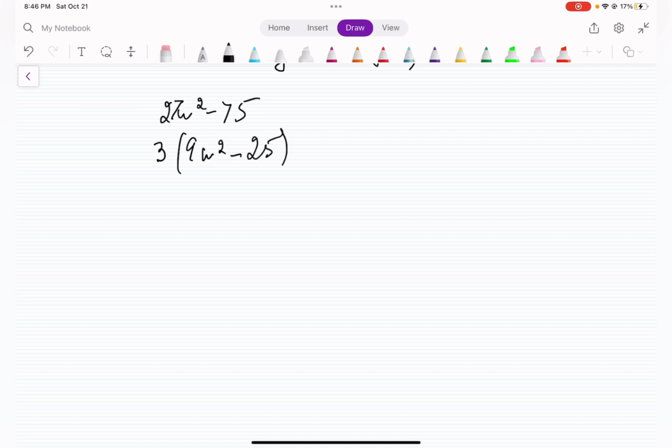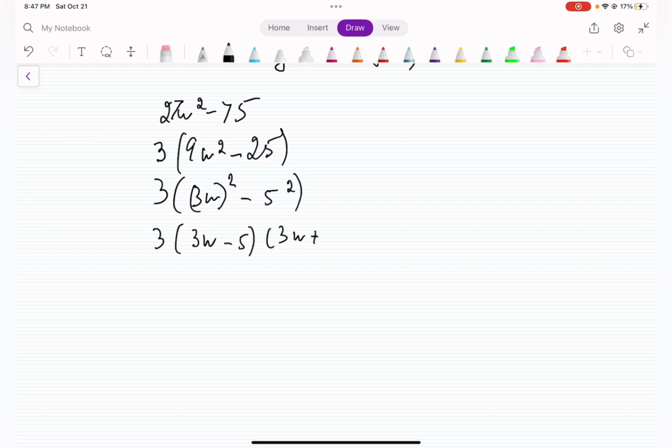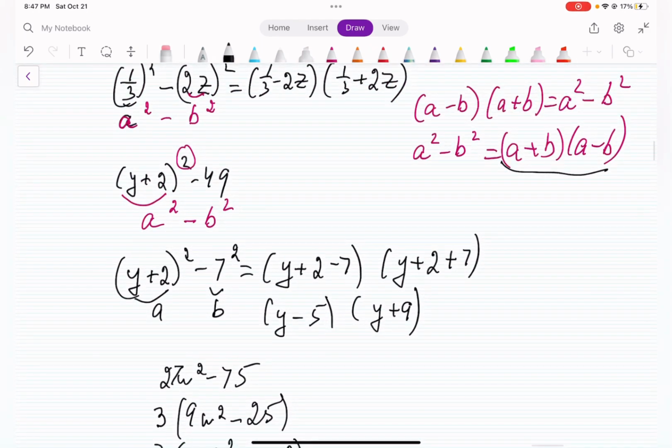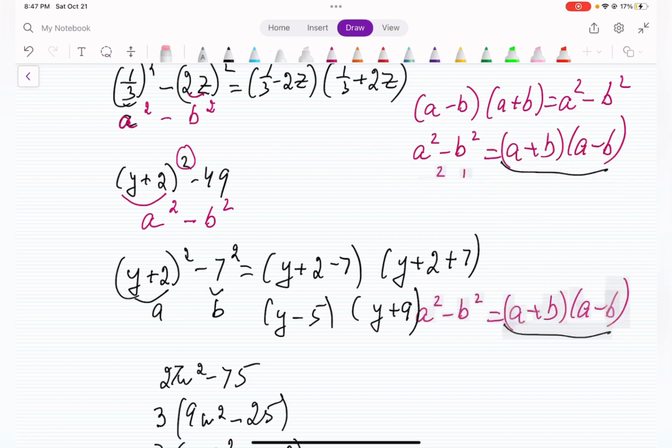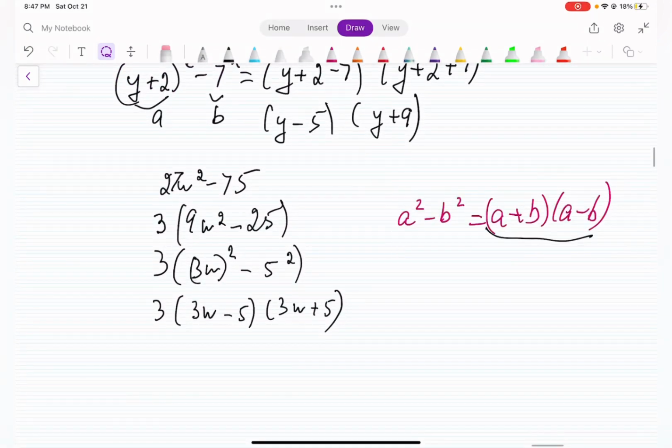Okay, here I see already a squared minus b squared. How it's going to work? 3 times, 9w squared is gonna be 3w squared and minus 5 squared, which is gonna be 3w minus 5 times 3w plus 5. Yes, and here is my formula. So you can see 3w minus 5, plus 5.